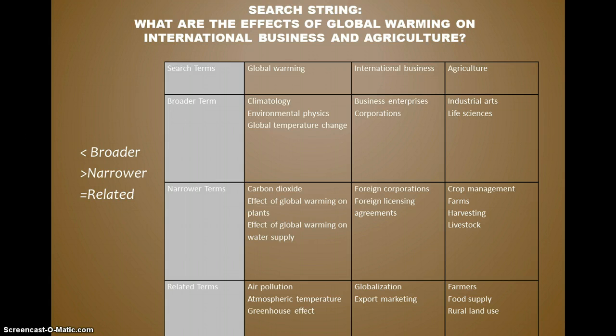A broader term for that is life science, because there's a lot of different life sciences, but agriculture is part of life science. If we look at narrower terms, we could look at things like crop management, farms, harvesting, livestock, and we also look at related terms, things like farmers, food supply, and rural land use here.